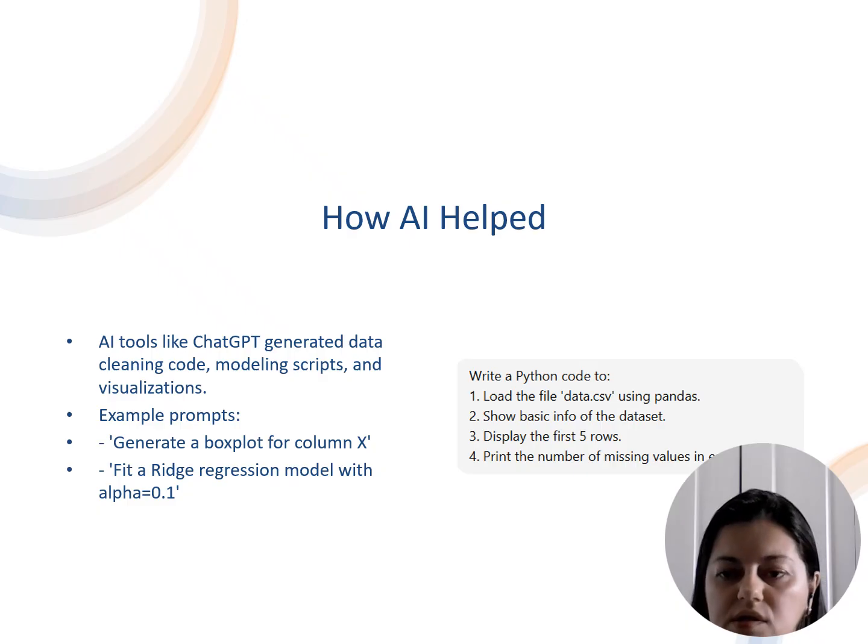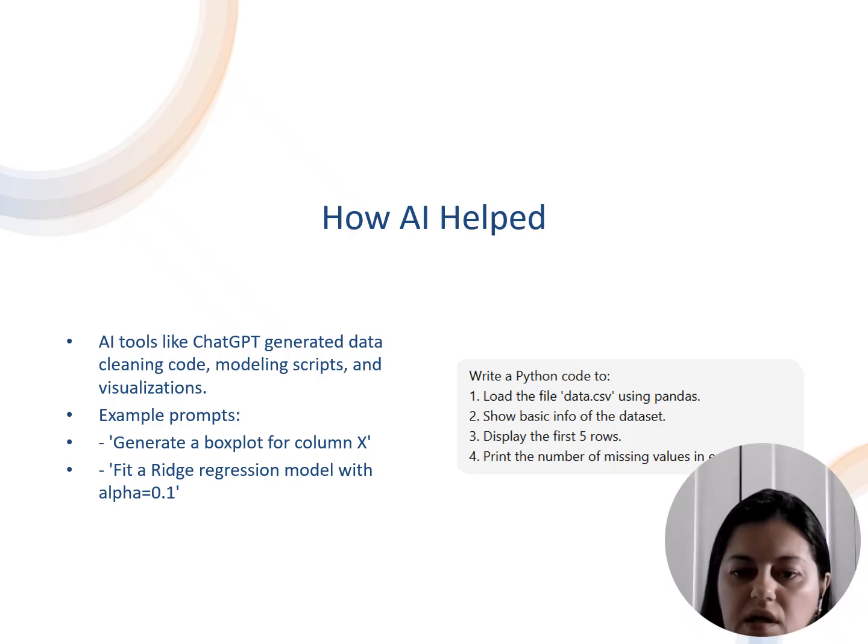More than just coding, it helped me understand how to structure my analysis. The use of AI accelerated the process and gave me more confidence in applying best practices, especially when fine-tuning models and validating results.